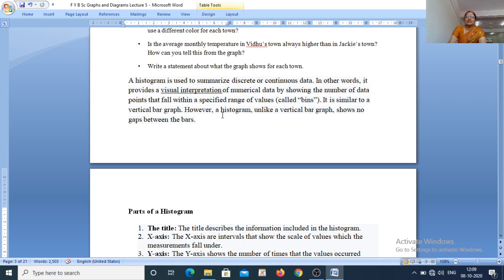Further, if your classes are of unequal class width, for example, if your first class is 35 to 45, second class is 45 to 55, and third class is 55 to 70, that means your class widths are changing, then you have to compute frequency density. Frequency density is obtained by dividing your actual class frequencies by the length of the class interval.